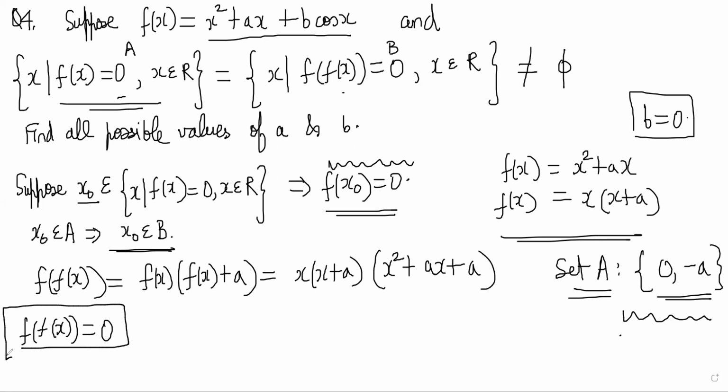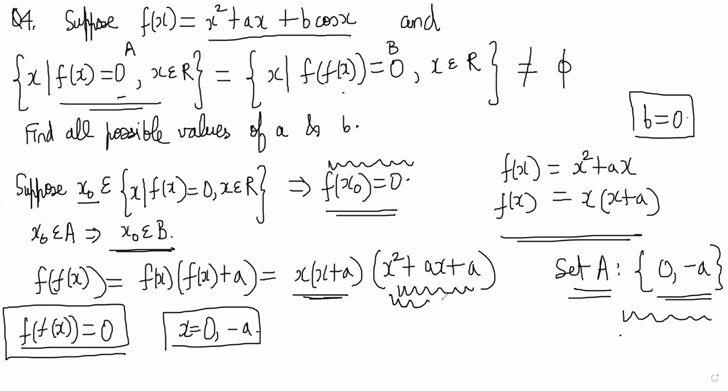All those satisfying this equation will be elements of set B, right? So this equation is clearly satisfied for x equal to 0 and minus a. Those are clearly roots of this, right? But you could also have roots here, right? If you have some roots here, we can see 0 and minus a are not roots of this equation. 0 and minus a are not roots here, unless, of course, a is 0.